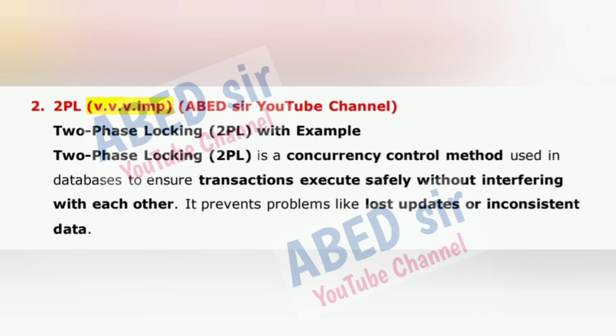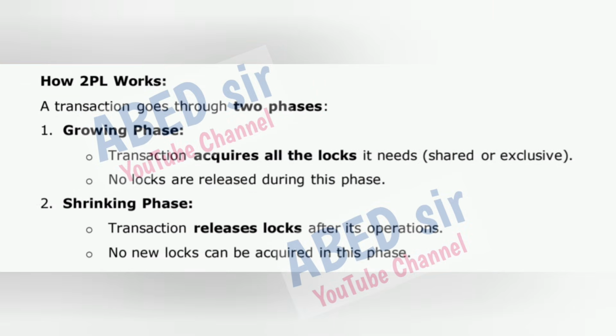Next important short question is 2. Two-phase locking, 2PL, with example. Two-phase locking is a concurrency control method used in databases to ensure transactions execute safely without interfering with each other. It prevents problems like lost updates or inconsistent data. How 2PL works?